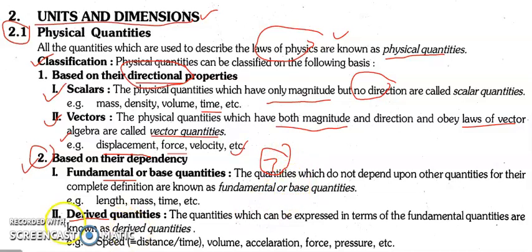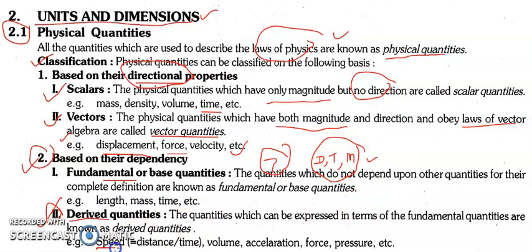And the derived quantities are those quantities जो हमें fundamental quantities की help से मिलती हैं. For example, let's say distance is first fundamental quantity, time is second fundamental quantity, and let's say third could be mass. Mass is third fundamental quantity, है ना. तो जो भी इन fundamental quantities की help से हम define कर सकते हैं.